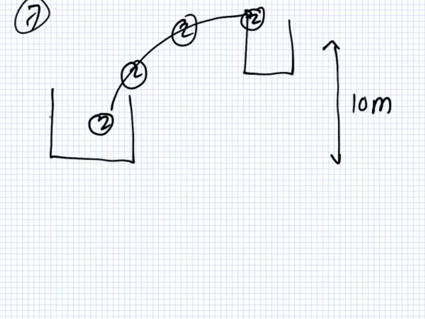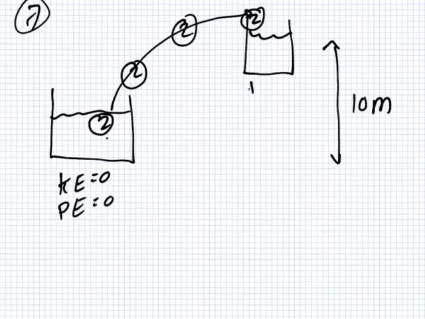Now here the water is at rest in this tank, so it has no kinetic energy and no potential energy. And then up here, when the water is sitting in this tank, again we'll say it has no kinetic energy, but it does have potential energy.